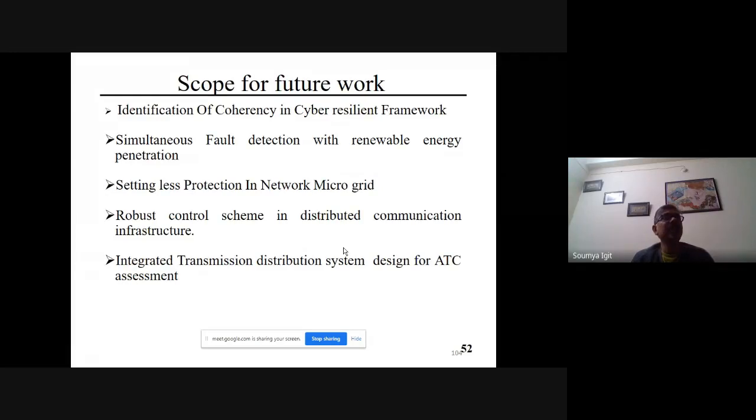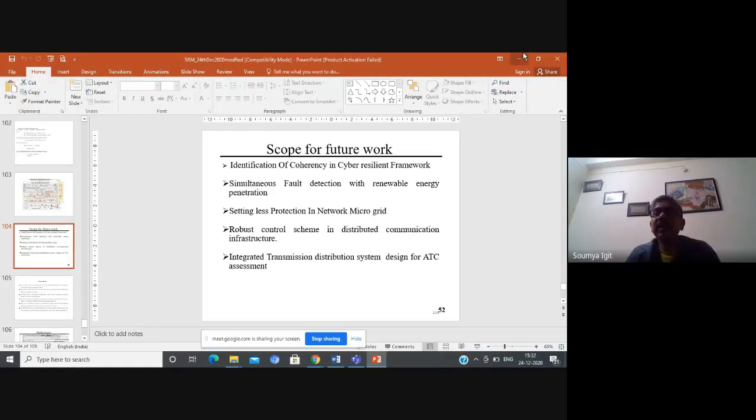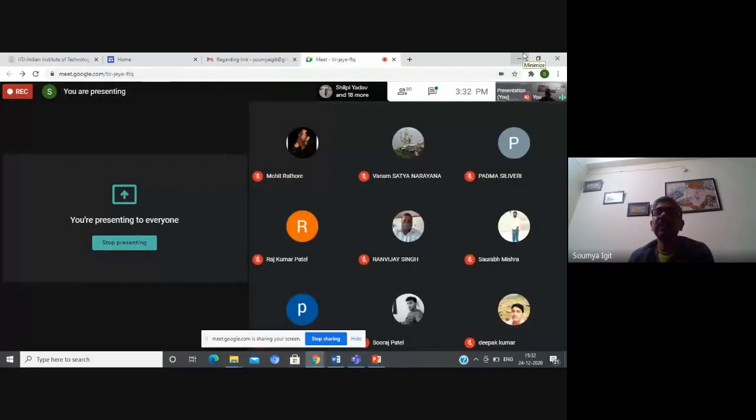And now the transmission and distribution network, no more is it decoupled. It is an integrated framework. The contingency in the transmission network affects the distribution network as far as protection, stability, and other aspects you take into consideration.